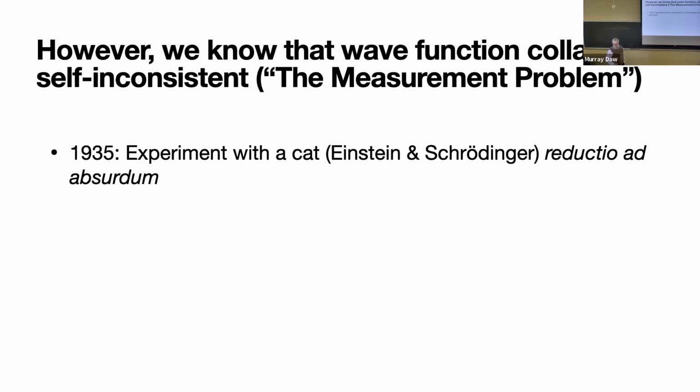Okay, so there have been a lot of problems with this, some of which are captured in what's called the measurement problem, which is an inconsistency in the Copenhagen interpretation. Einstein wrote to Schrödinger about this. If you're not looking at it, maybe it's not even real.